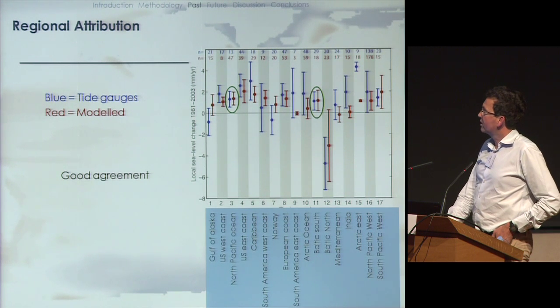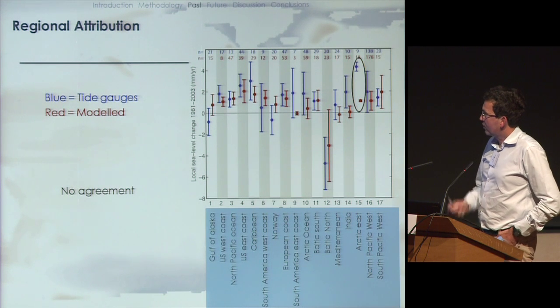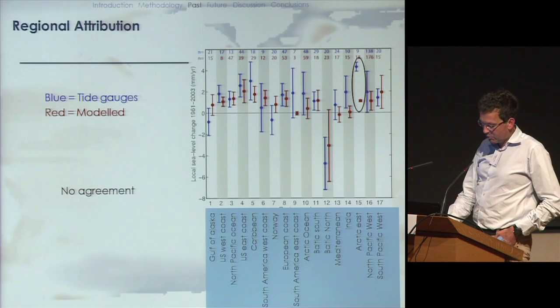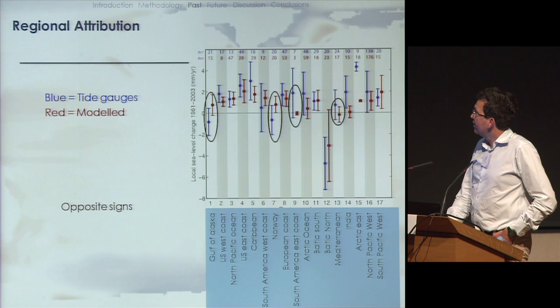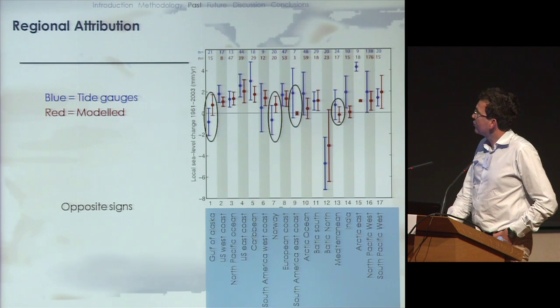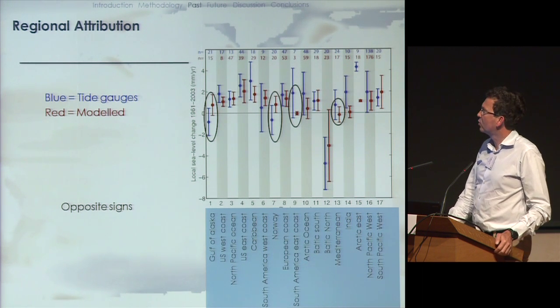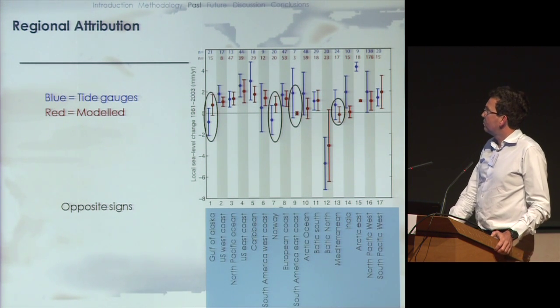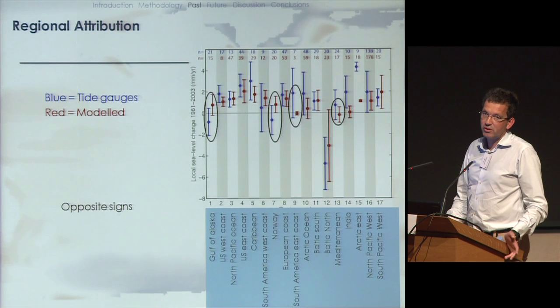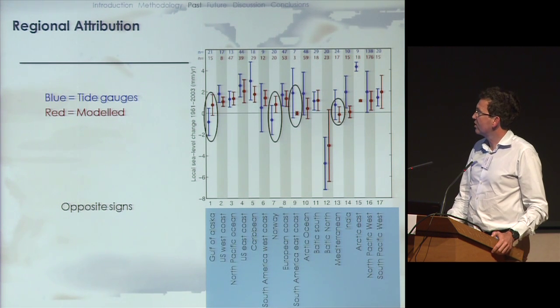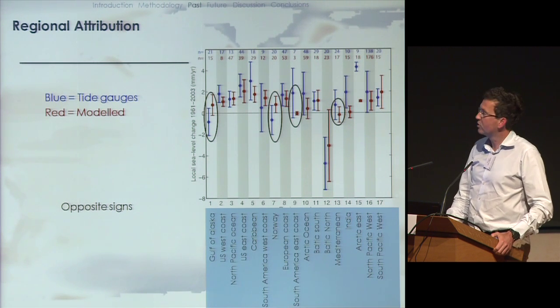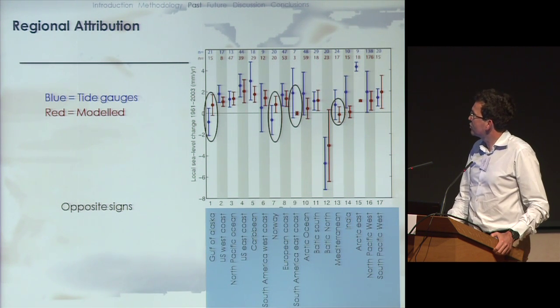Model and tide gauge records are in very good agreement. There are regions where there's absolutely no agreement between the two, and a lot of the regions, the error bars are so large that you cannot draw many conclusions, I would say. The sign is different, but the uncertainty is so large that you cannot exclude that the model is in agreement with the tide gauge record, I would say.